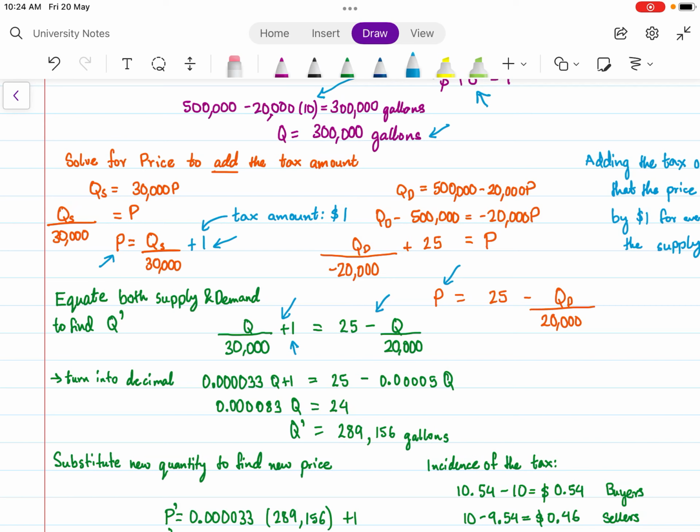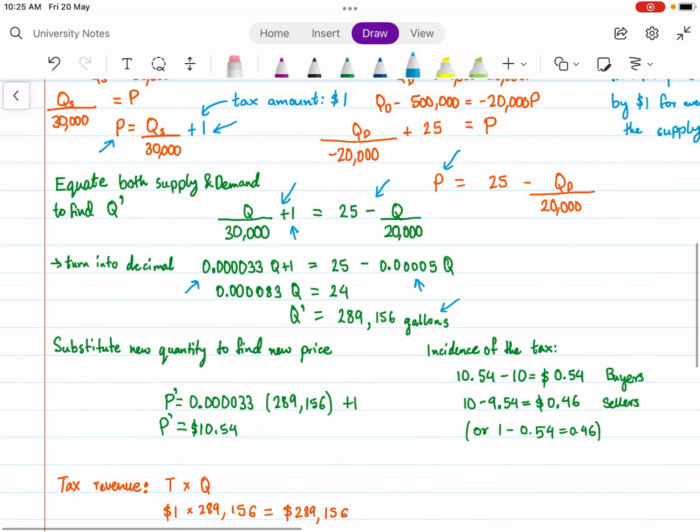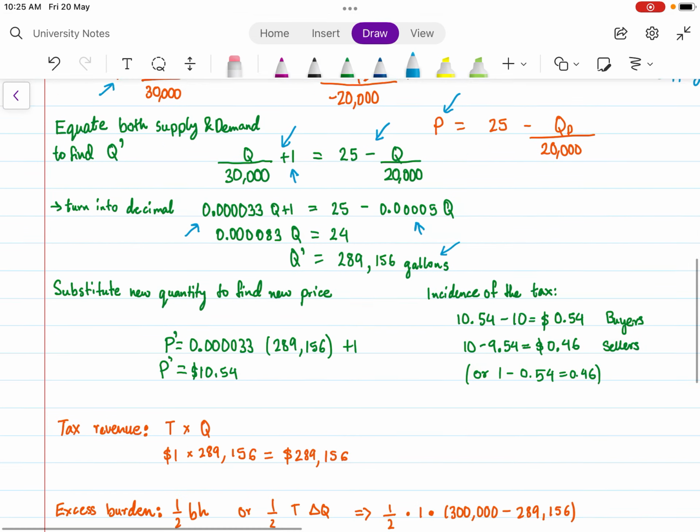To make it easier to equate both of these equations, we turn the fractions into decimals, and this will allow us to add and subtract and move one term to the other side. Here we end up with 289,156 gallons. This is the new equilibrium quantity after the unit tax of $1 has been levied on the good.